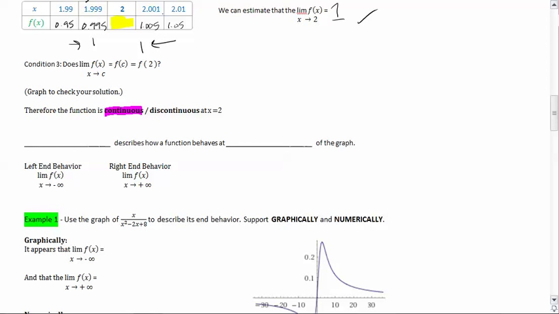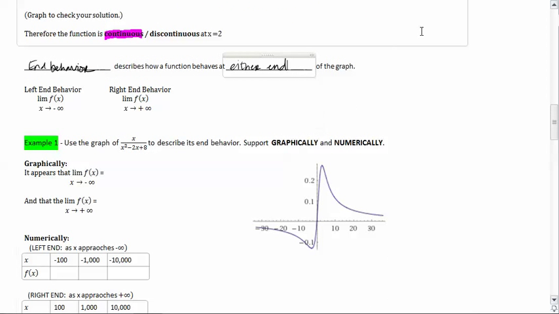Next, we can look at end behavior. This is another thing that we need to understand about our functions and how they behave. It describes how a function behaves at either end of the graph. So for the left end behavior, we're looking at the limit of f of x as x approaches negative infinity.